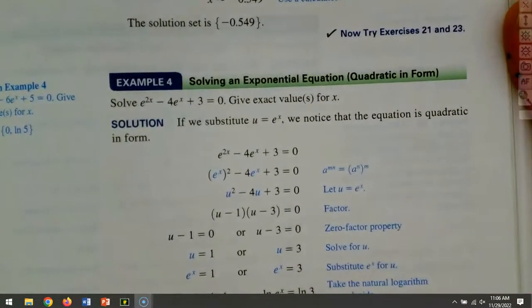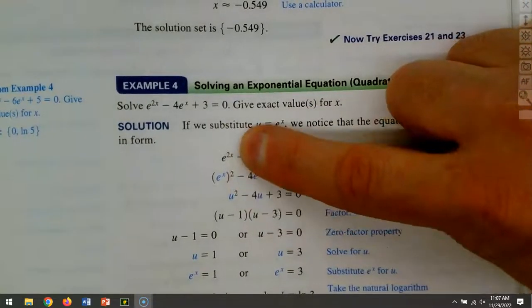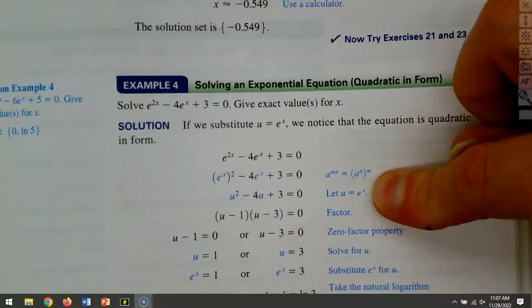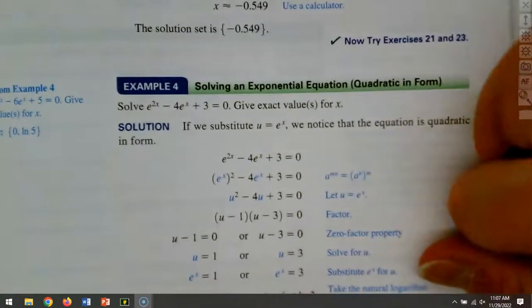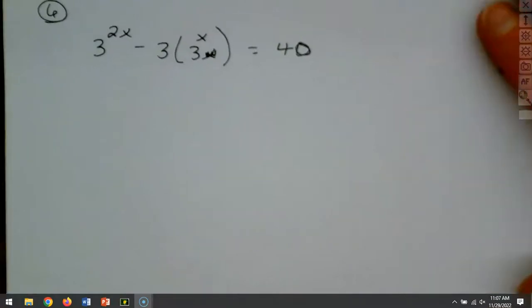Ours is similar. What they did first was they rewrote it as an e to the x squared, because you can do that. Then they applied our u substitution. They got a polynomial, and then they factored it. So we're gonna do that. We're gonna rewrite it, we're gonna use our u substitution, and we're gonna factor the resulting polynomial.